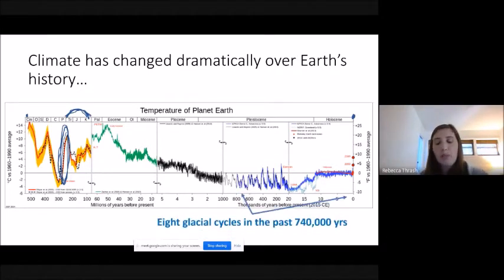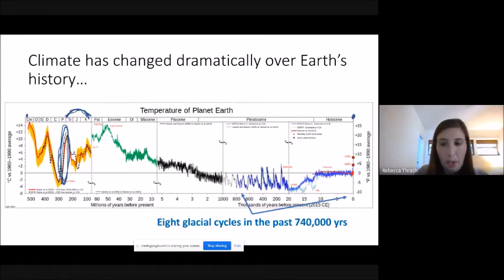So when we look at the last million years or so, 750,000 years ago, there have been 8 big glacial periods that have happened. So over here, you can see where the temperature's going up, and then it's going down, and then it's going up, and then it's going down. We have been at the end of an ice age.